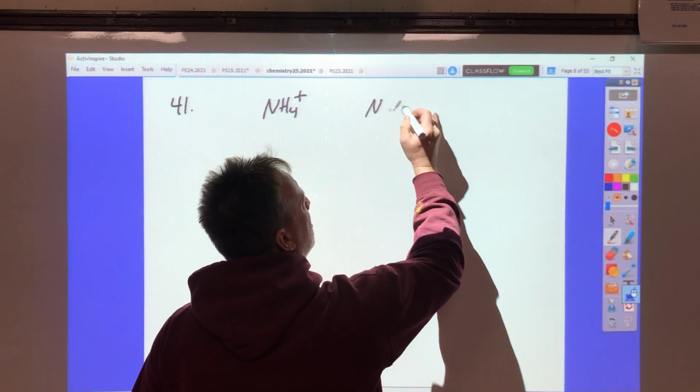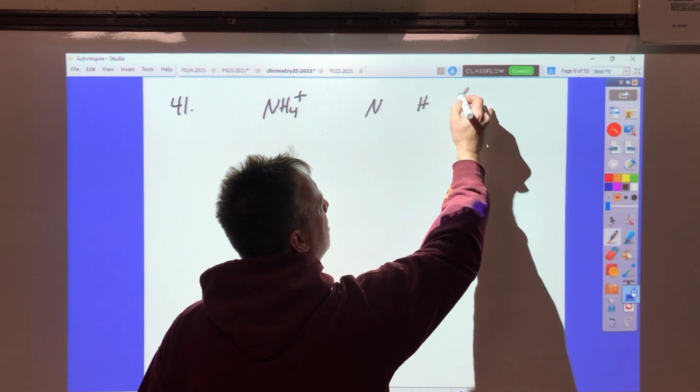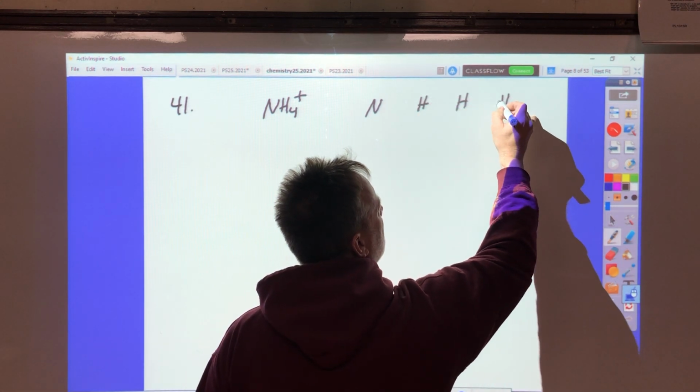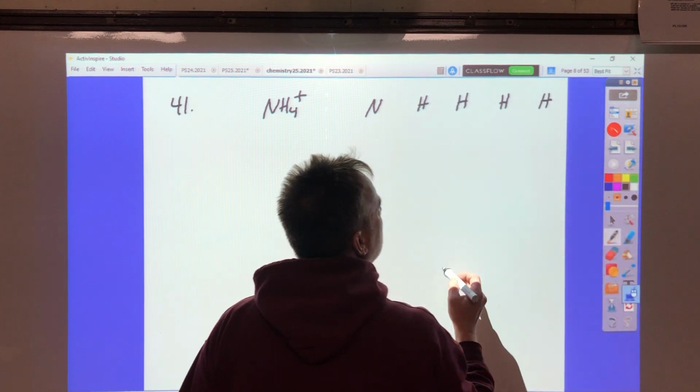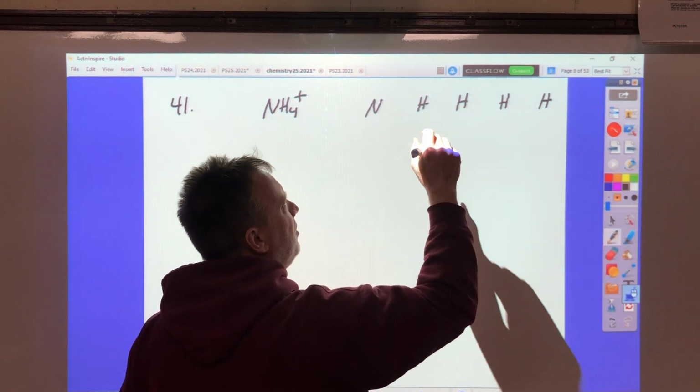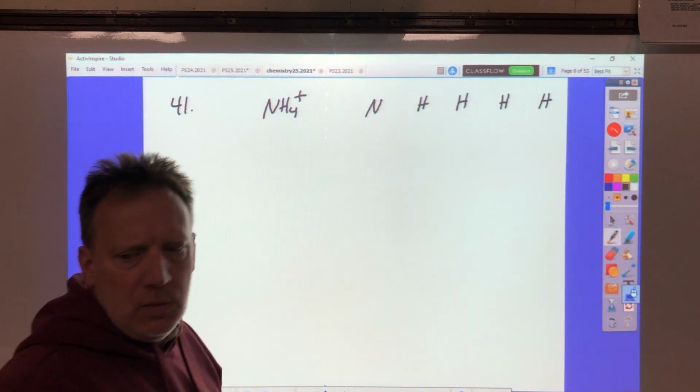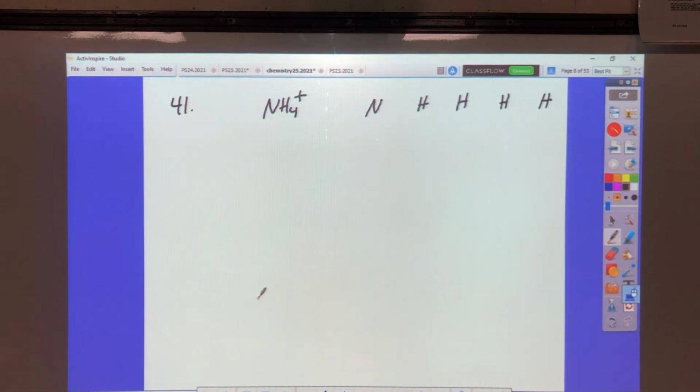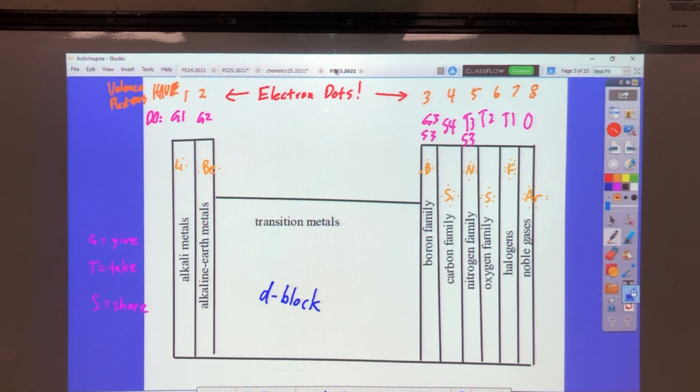So we list everything. We've got an N, and an H, and an H, and an H, and an H. Nitrogen is in that 5th column. Make sure you know how to do this, but the good news is you guys kind of do know how to do this part.